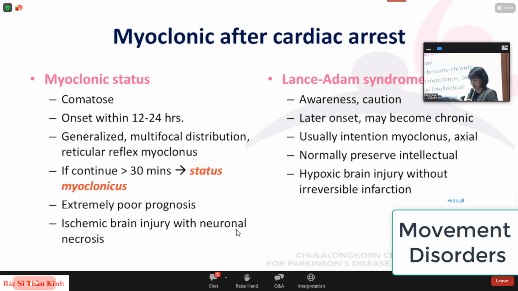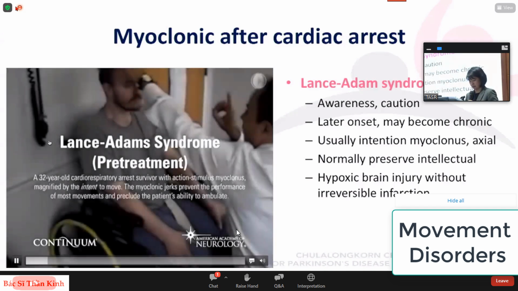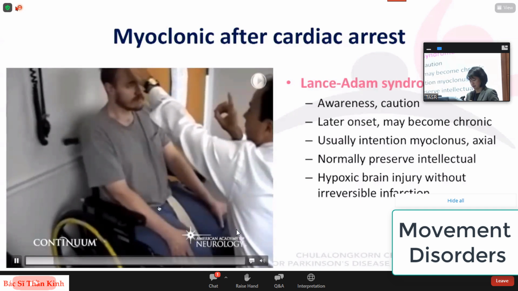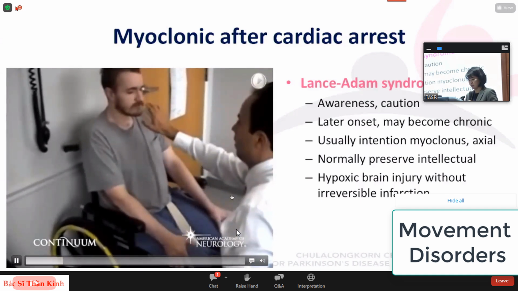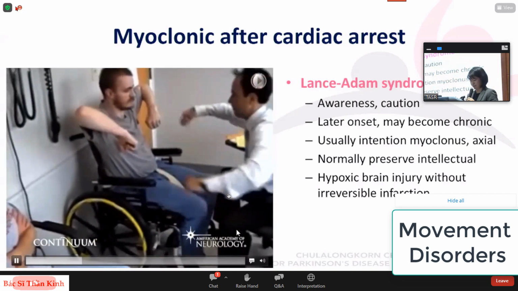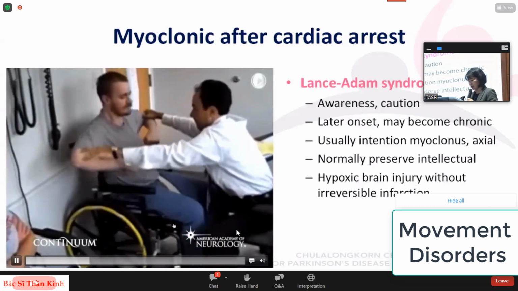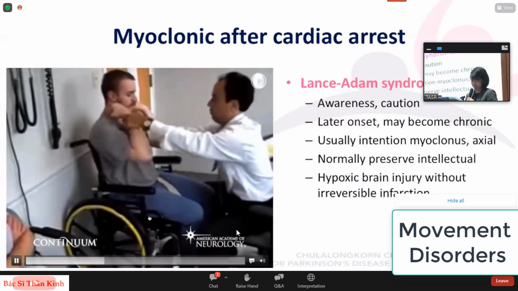The patient usually has a bouncing gait, as I show you. He also has stimulus-sensitive myoclonus too, and the myoclonus is predominantly axial.